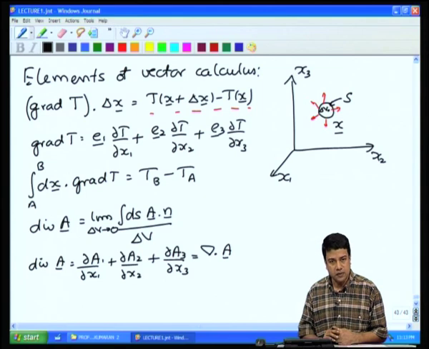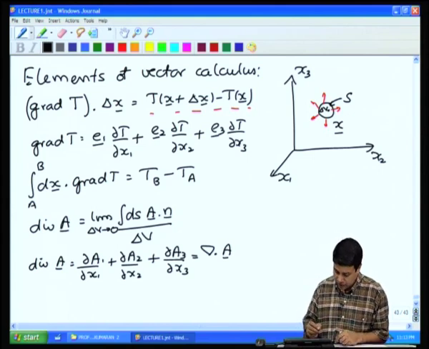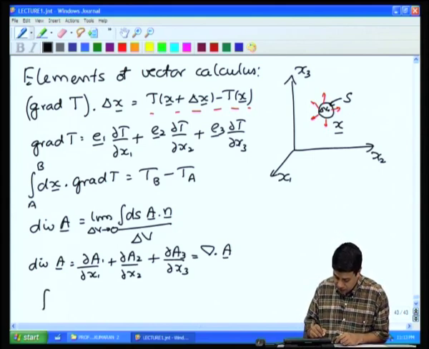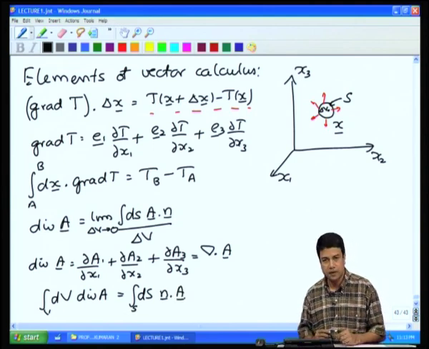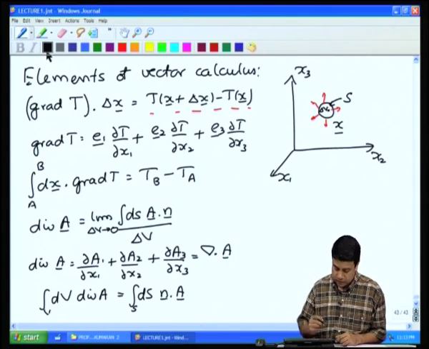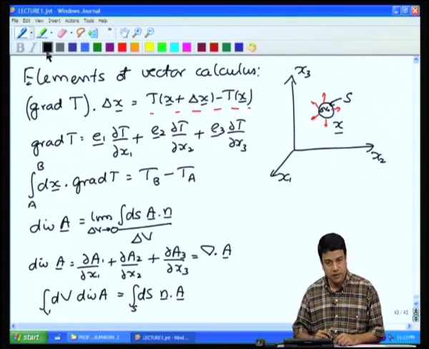The integral equivalent of this is that for any macroscopic large volume, you can show that the integral over the volume dV of divergence of A is equal to the integral over the surface surrounding that volume of n dot A. It is called the divergence theorem, the Green's theorem.